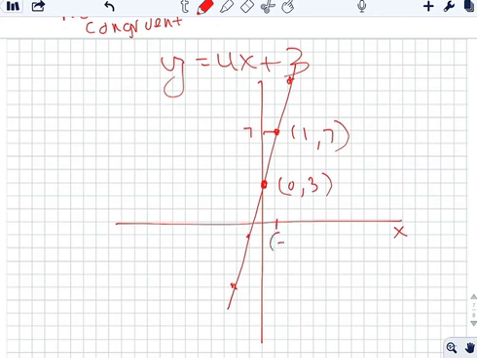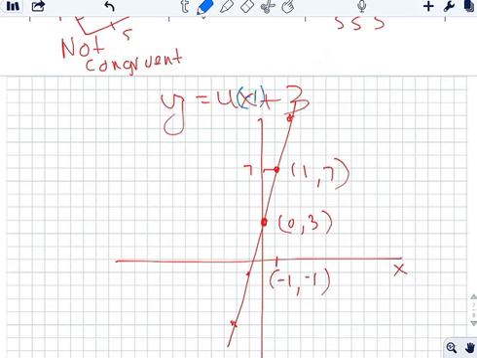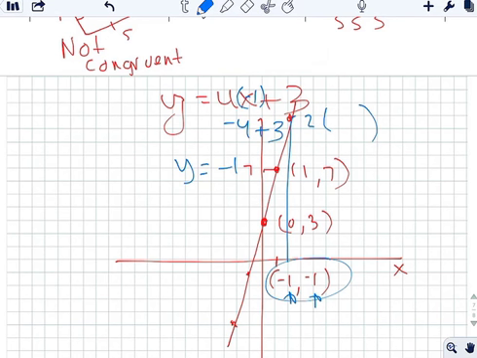Here, negative 1 is a solution. So watch. If you put negative 1 for x, you get negative 4 plus 3, y is negative 1. So that's when x is negative 1, y is negative 1. And let's say if you choose 2, if you choose 2 here, then y would be 11 because 8 plus 3 is 11.